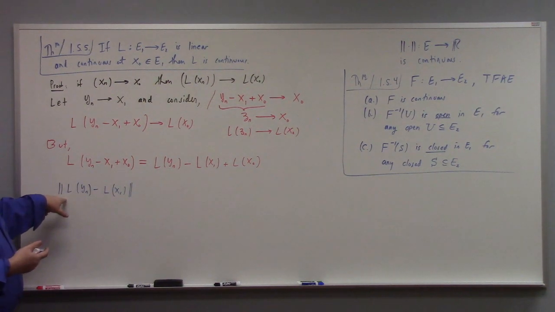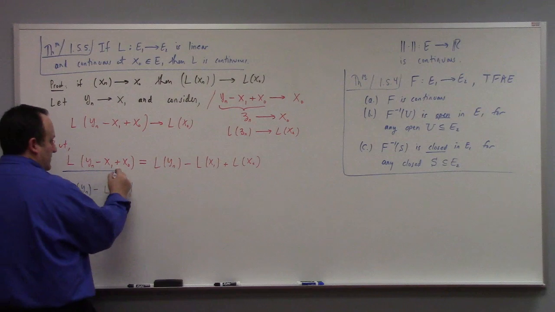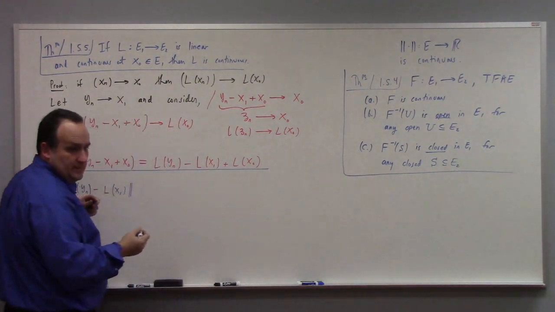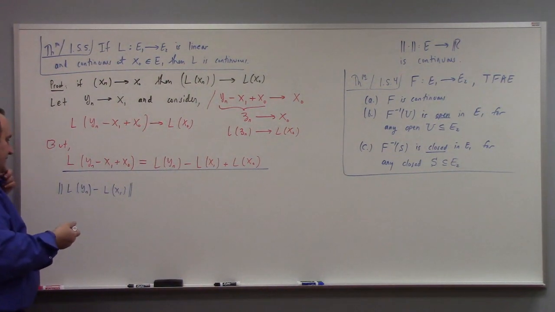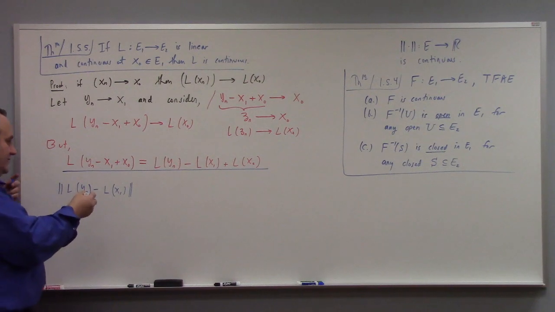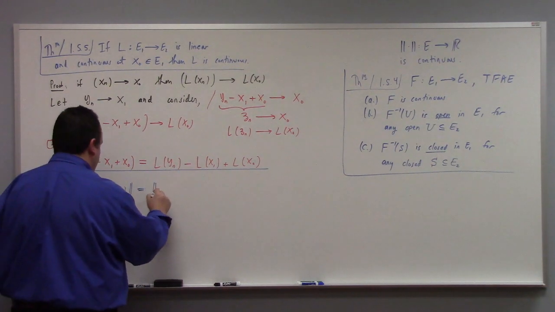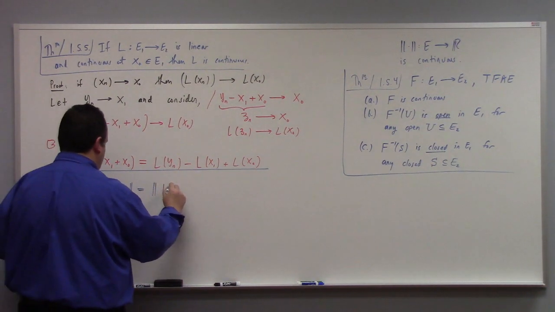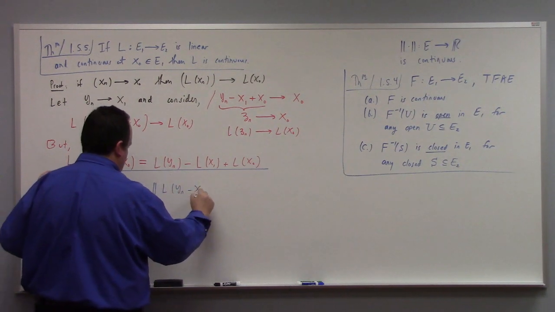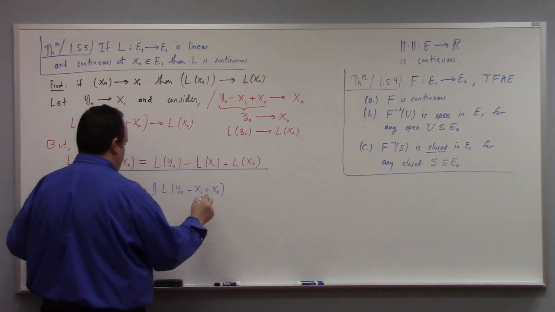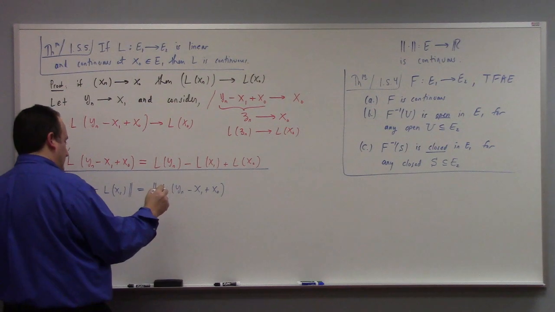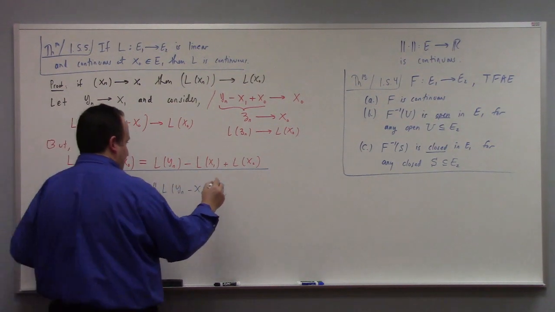But I have this equation right here, and so I can solve that for L of yn, and I get the norm of L of yn minus x1 plus x naught, minus L of x naught.